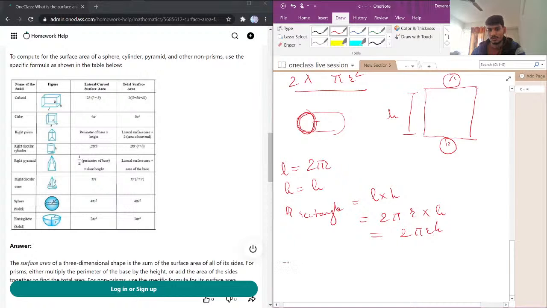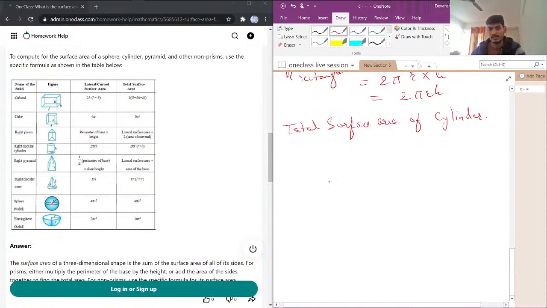Now the total surface area of a cylinder is the area of all the faces. It was 2 times the area of a circle, which was pi r square, plus the area of the curved part, which is 2 pi r h.